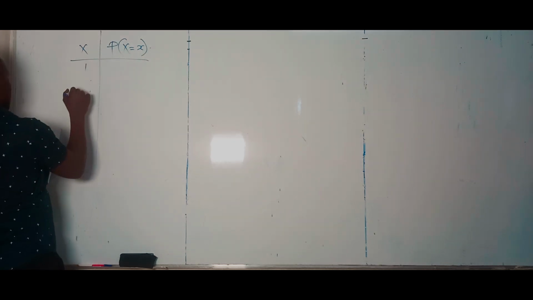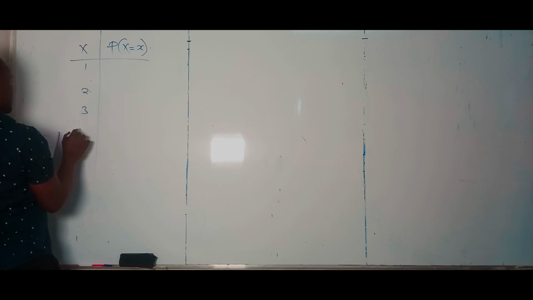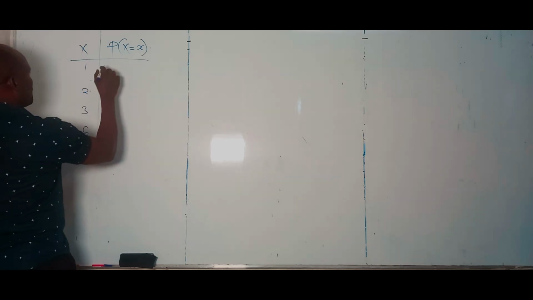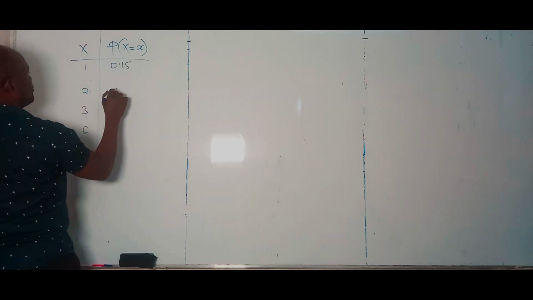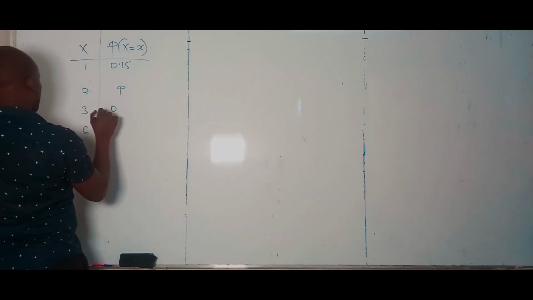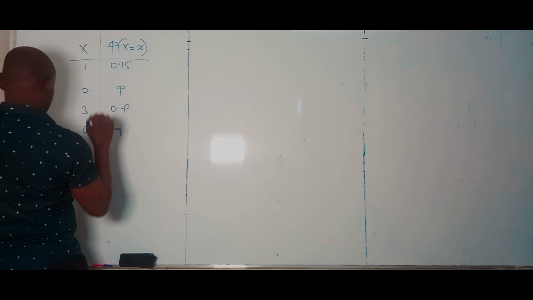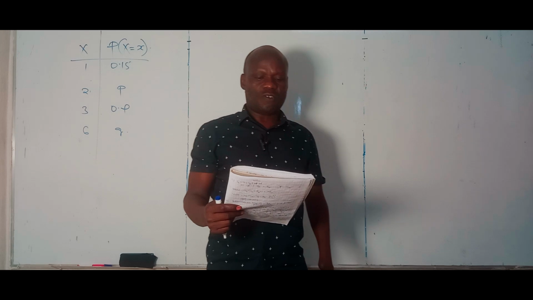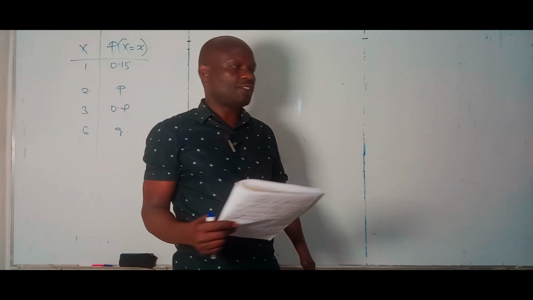So X takes the value 1, 2, 3, and 6. It takes the value 1 with the probability of 0.15, the value 2 with probability of p, the value 3 with probability of 0.4, and then the value 6 with probability of q. Given that expected value of X is 3.05, find the values of p and q.